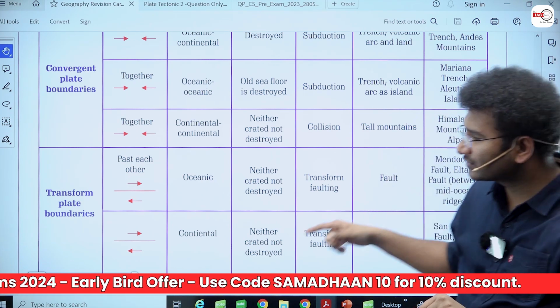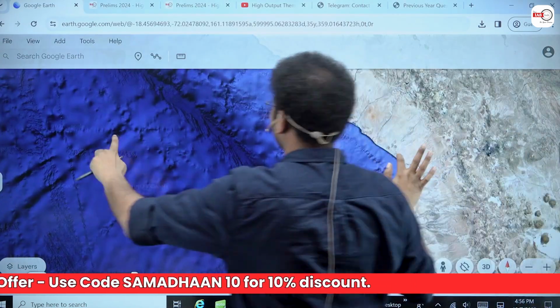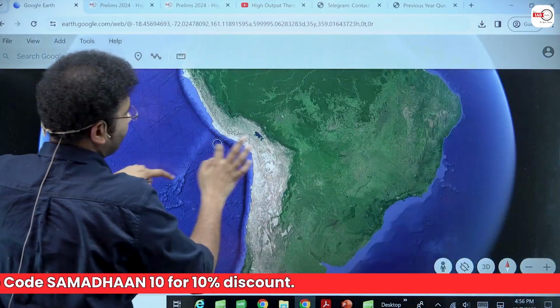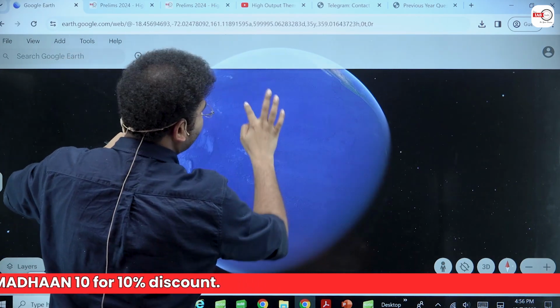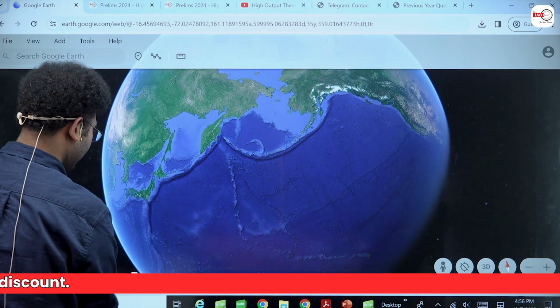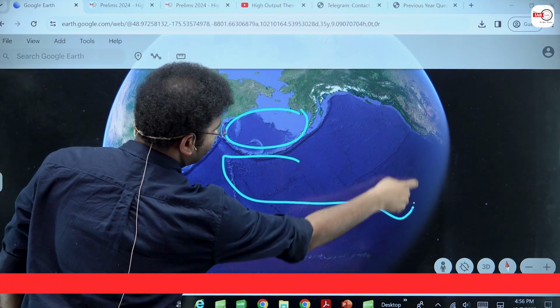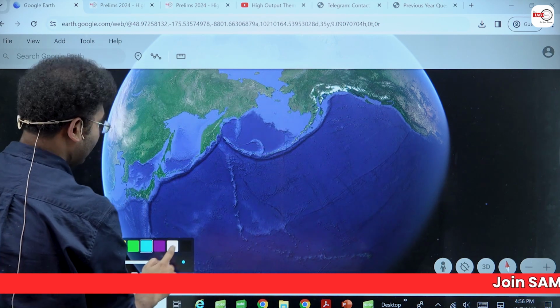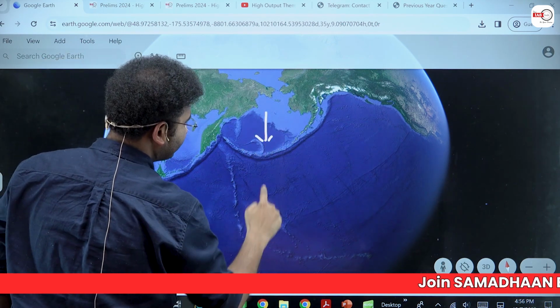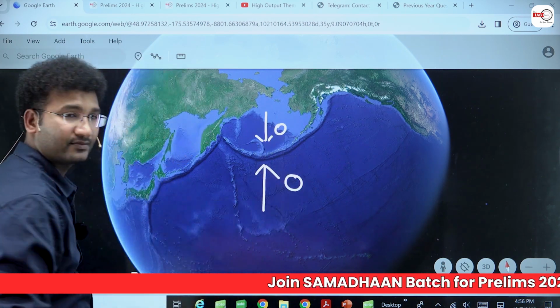Now where are the Aleutian Islands and Mariana Trench? Let me show it to you here. Look, you go to this part of the earth. Now here you see that this is an oceanic plate, and this is also an oceanic plate. As they both are moving against each other, here this is also ocean, this is also ocean.